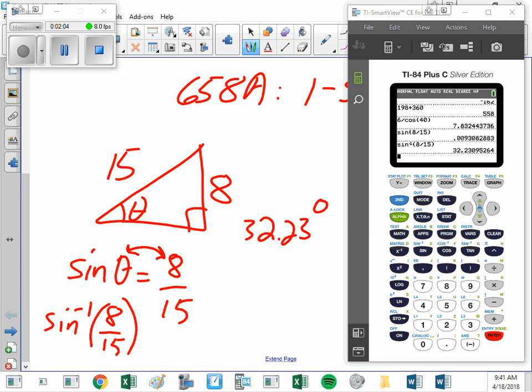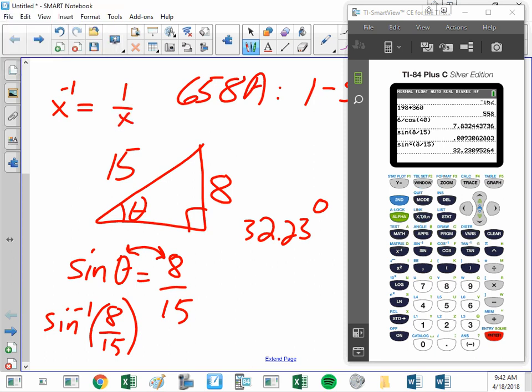Before the invention of calculators, sine inverse had another name. We shortened it because the actual name doesn't fit on our calculator. And really, sine to the -1 is kind of a misnomer, because if I said x to the -1, what does that equal? 1 over x.